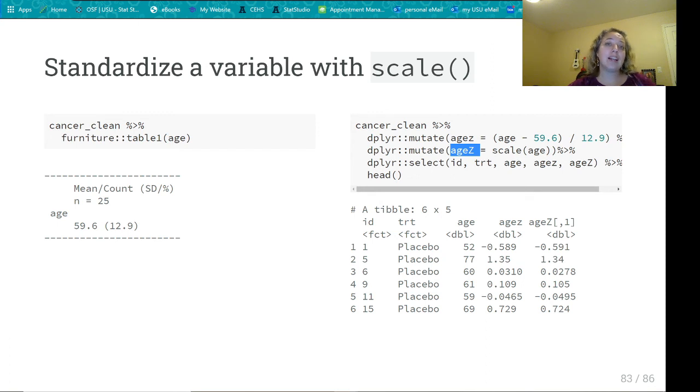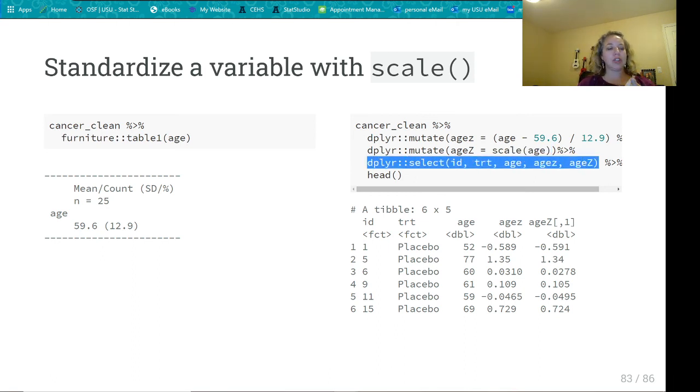I can create a standard variable by just telling R to scale the age variable. Scale will make it a z-score. So I've selected these variables: the subject ID, what treatment group they're in, and then the three age variables. The original age, the age with a lower z, which I manually created, and age with a capital Z, which I calculated with the scale value.